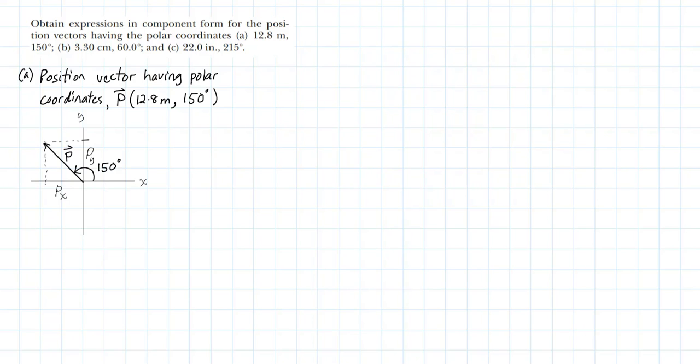We can make use of the small angle alpha between P and Px here, where alpha is equal to 180 degrees minus 150, which is equal to 30 degrees. And the component Px is equal to P cosine alpha. So P cos alpha equals 12.8 multiplied by cos 30 degrees. So you will get 11.1 meter.